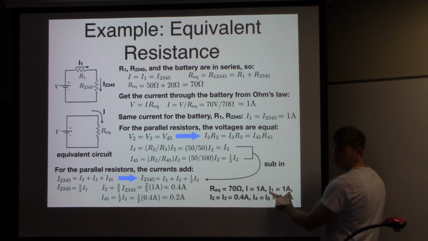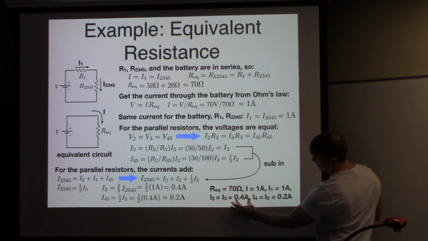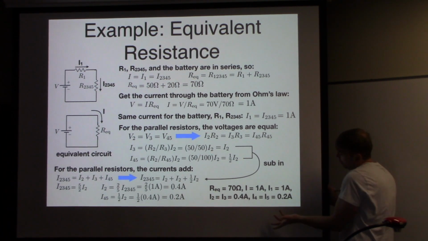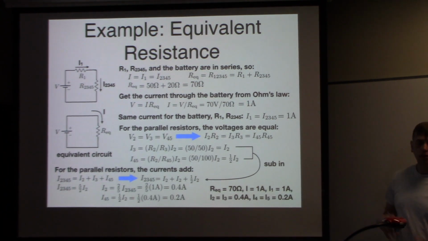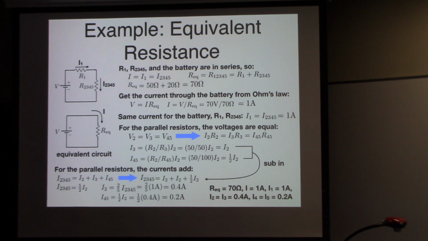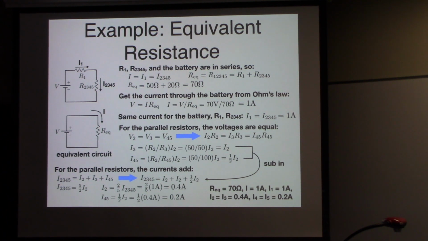The current through the first resistor is 1 amp also. 2 and 3 we said were the same, and we got 0.4 for that. And then 4 and 5 are also the same, we got 0.2 for that. So that's how you solve the circuit using these rules of equivalent resistance. That's how it works. All right, so that was kind of a long example.